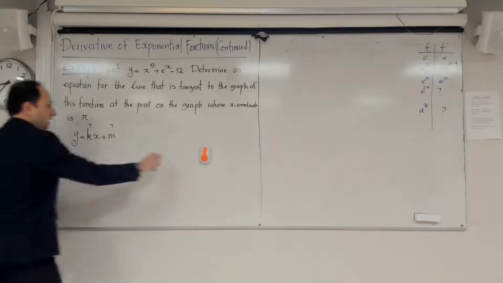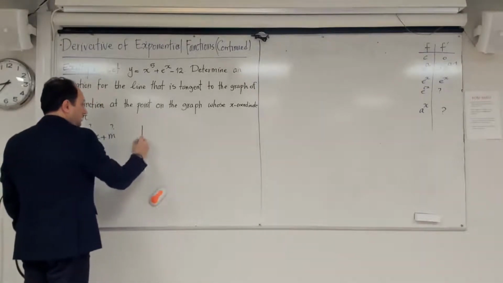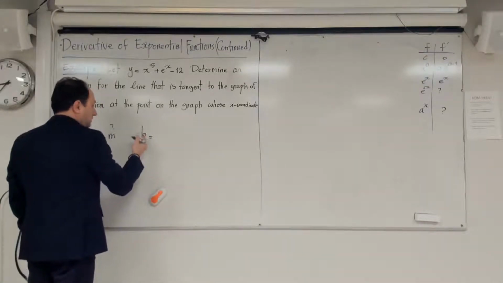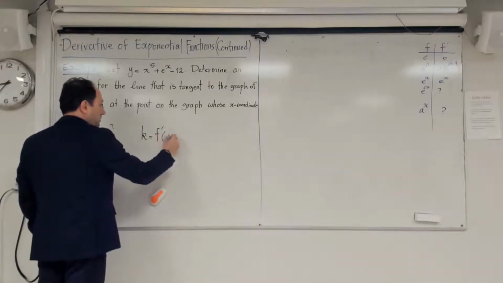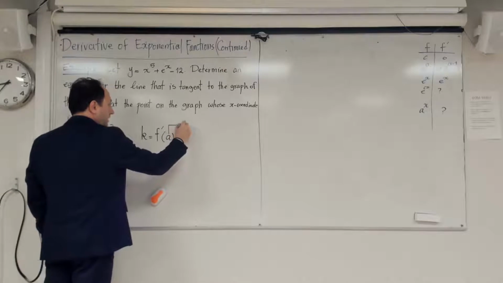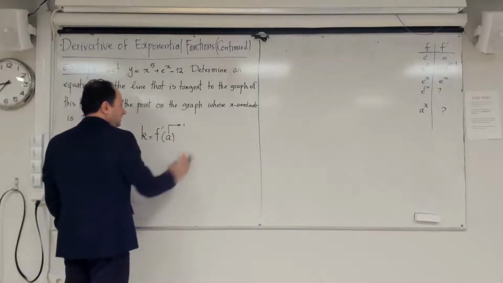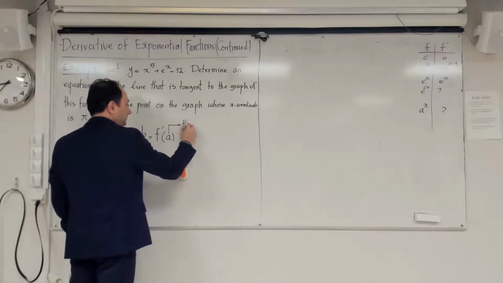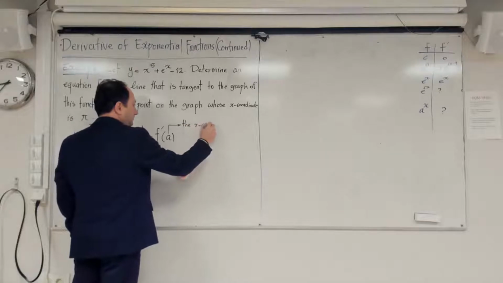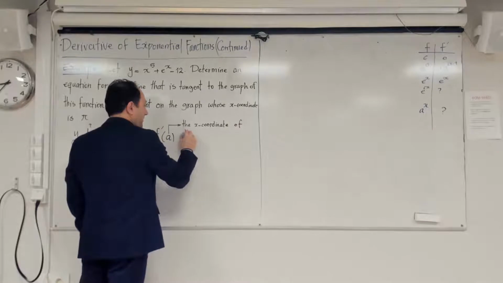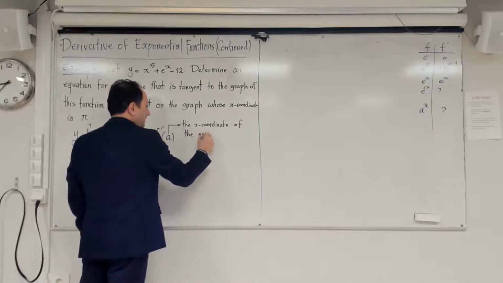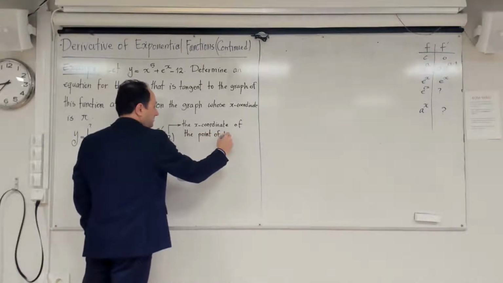And then you know that k value, we learned it in Math 3C. So k value is the derivative of the function at point A. So this A is the x-coordinate of the point of tangency. Yes?